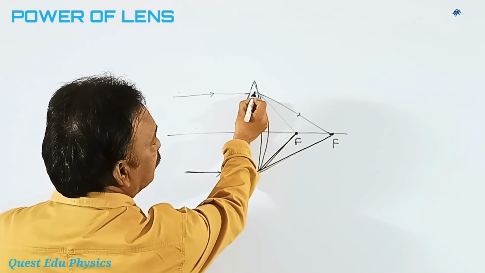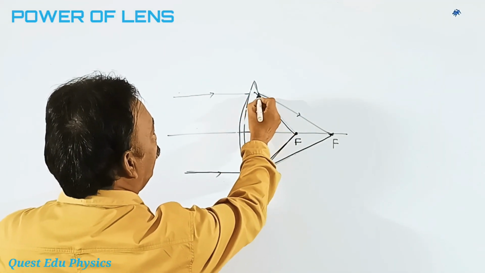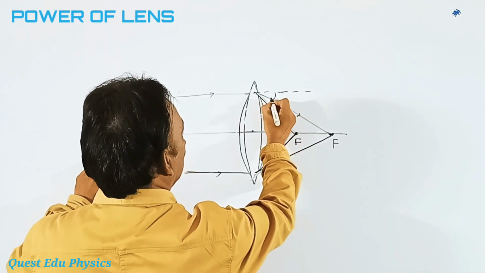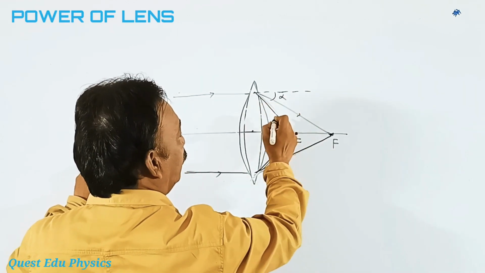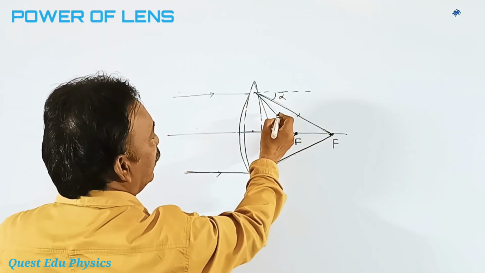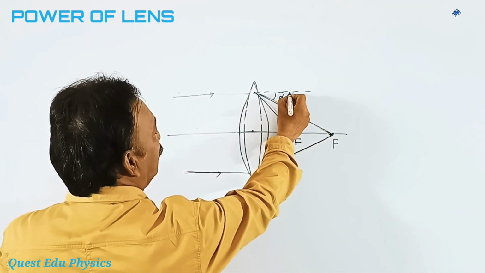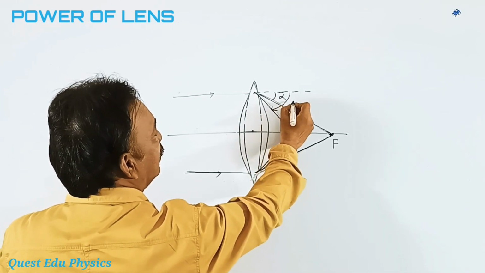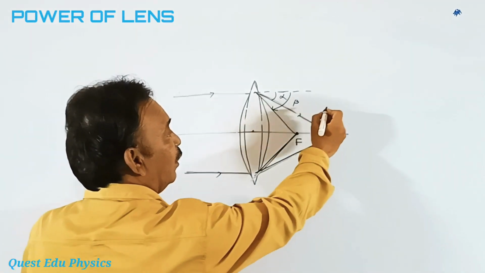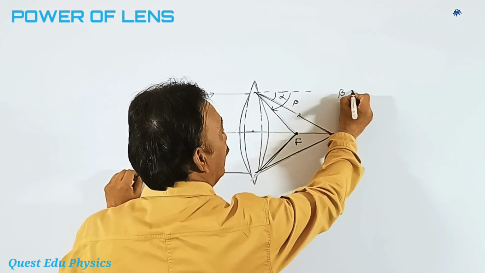near to the lens. See, if you observe these rays, this one, say it is alpha. When it is thin, then see, further it has been increased to beta. That means here beta is greater than alpha.